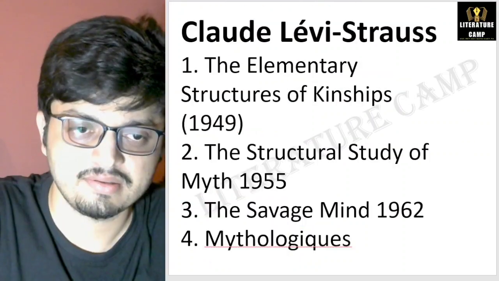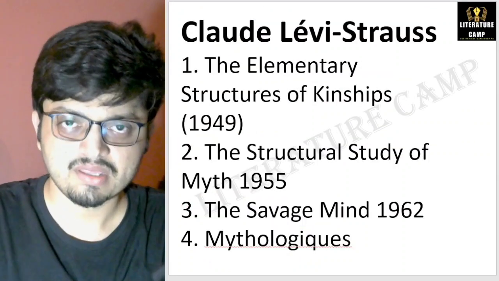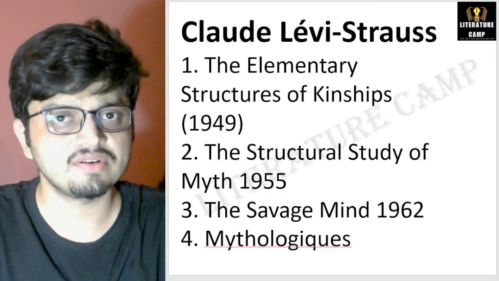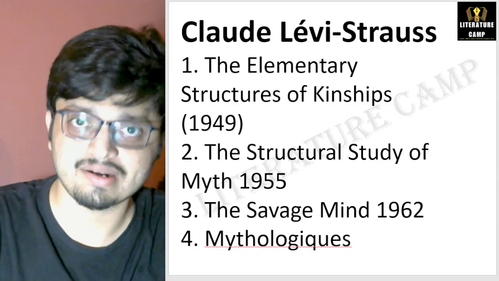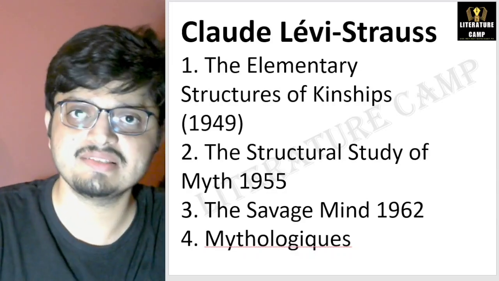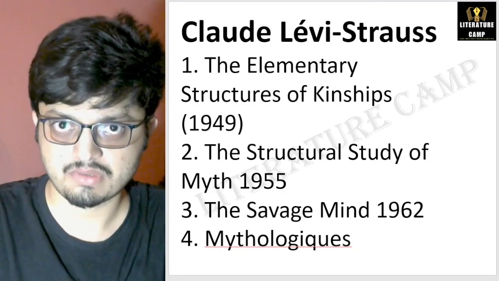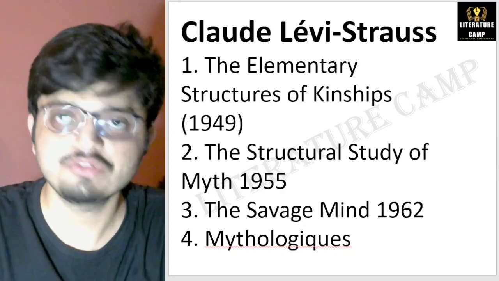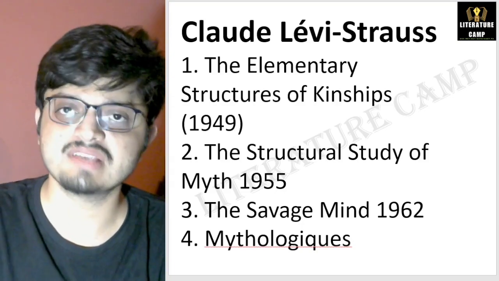Now, I'll focus on Lévi-Strauss. He is a very important figure in this field of structuralism. By Lévi-Strauss's work, the term structuralism is invented. All right. So we should focus on his important works. Lévi-Strauss wrote some important works.